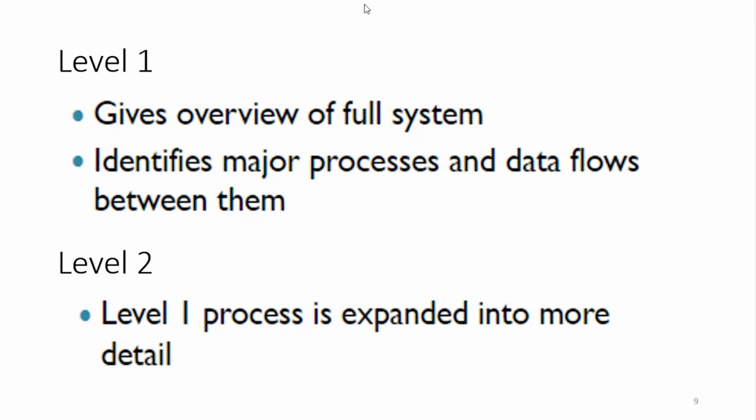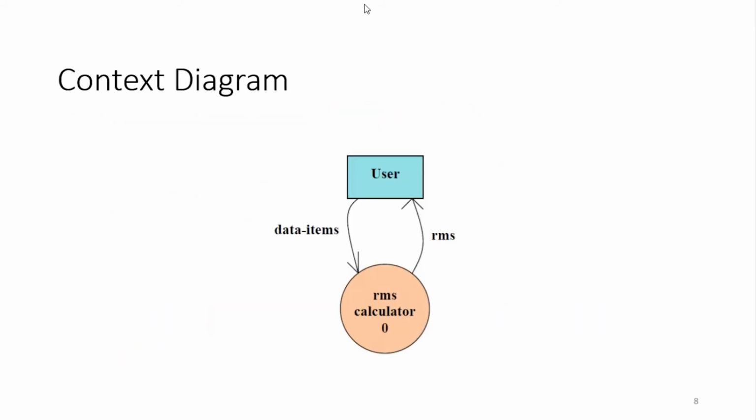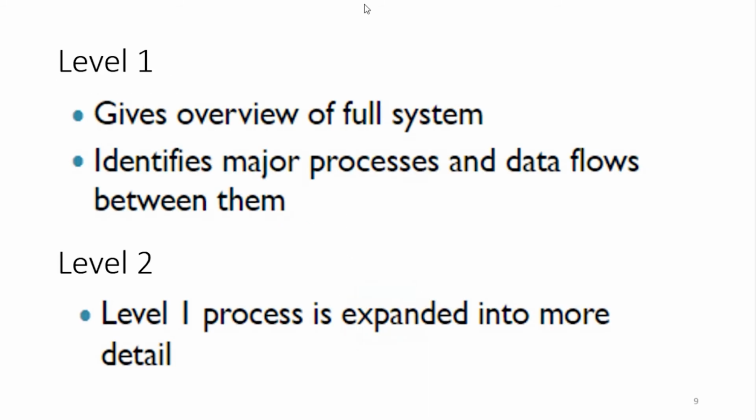and we have to make sure about the number of processes, like if there are more than 7 processes. Here it is only one process, but as we go further we have a number of processes. We should maintain the number of processes, there should not be more than 7 processes.